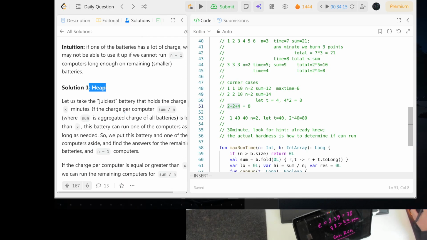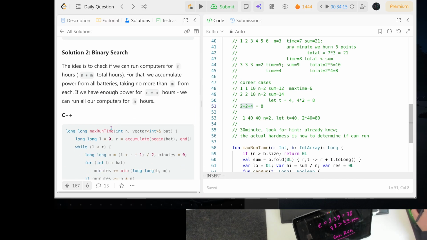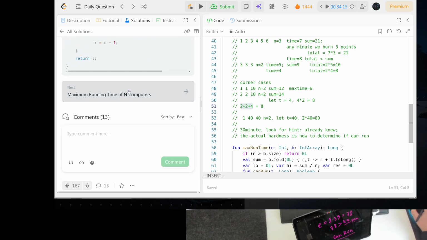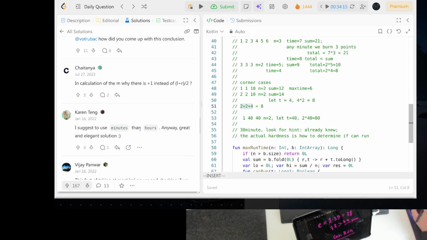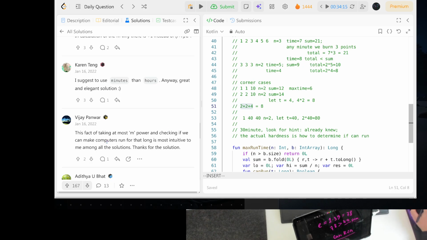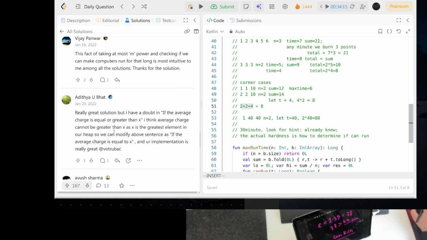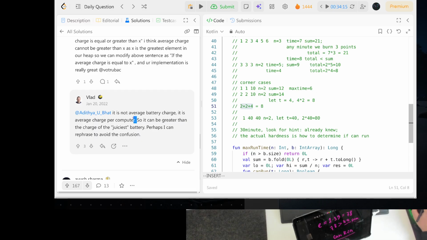I think this is a more honest solution. So it is average charge per computer.